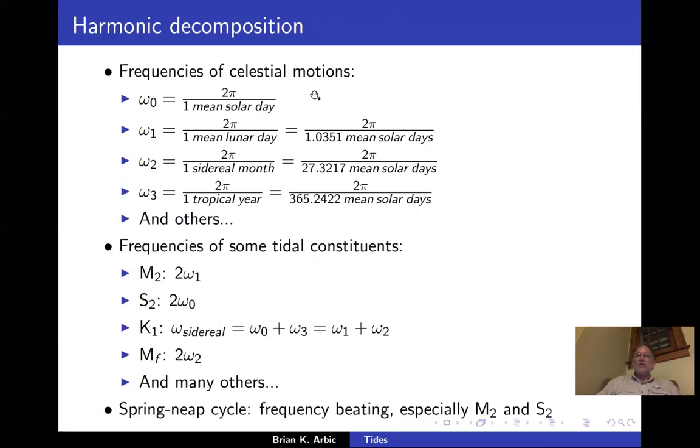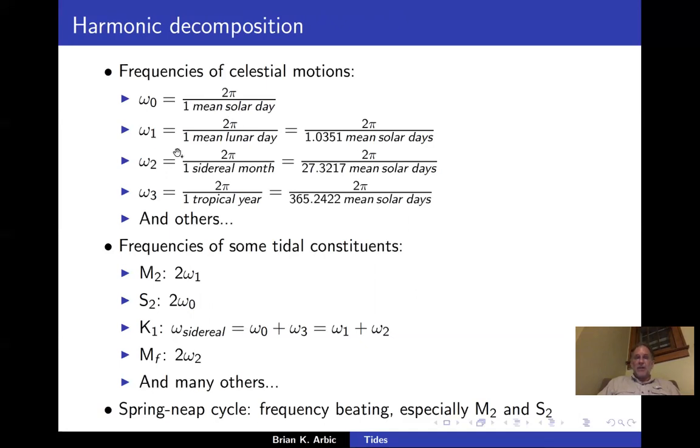So basically the tides have many tidal lines. If you do a frequency analysis of sea level or currents, you'll see all these tidal lines, and the frequencies of them have to do with frequencies of celestial motions. So let's let omega naught be 2 pi over 1 mean solar day, in other words, 24 hours.